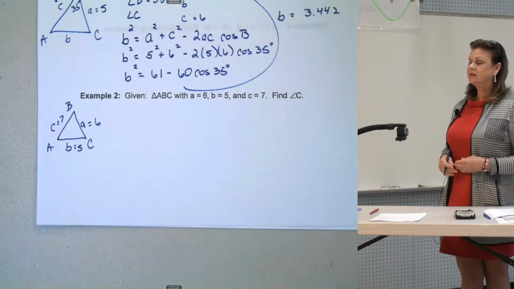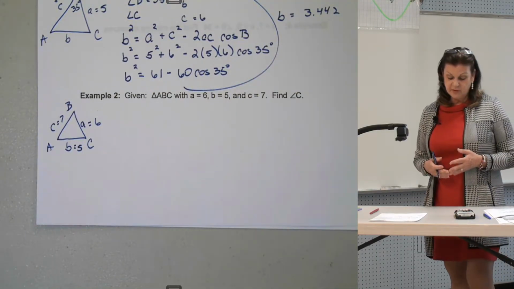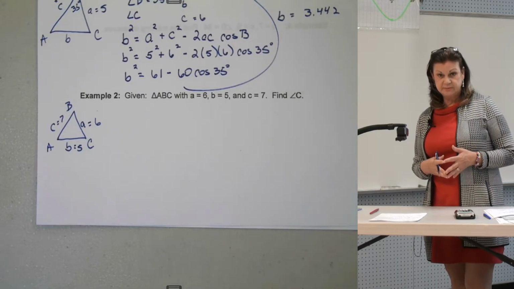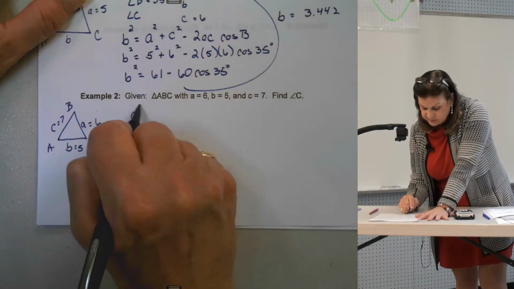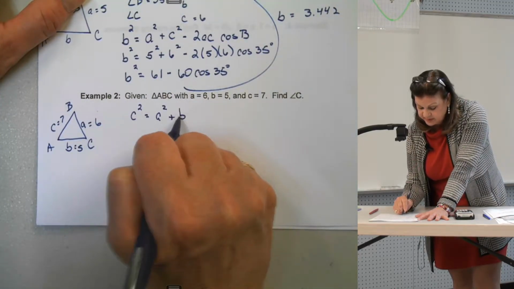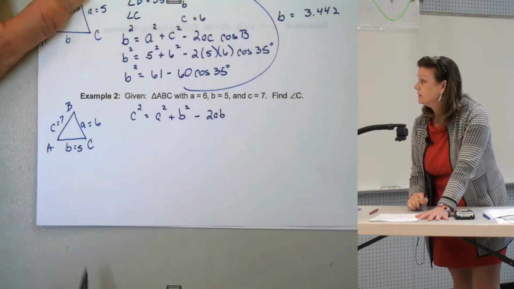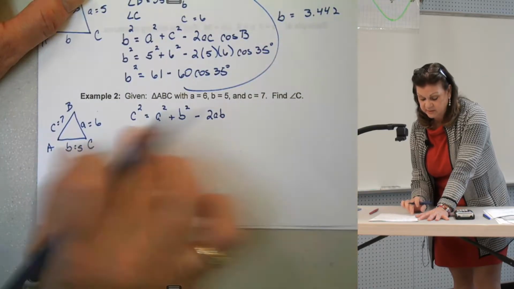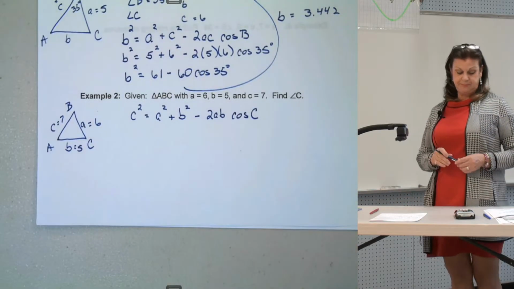So now, again, they've given me side lengths, but I don't have any angle measures. So they're asking us to find angle c. We're going to start with c squared: a squared plus b squared minus 2ab, right? And then what has to match on the end? The cosine of my beginning angle, the cosine of c.